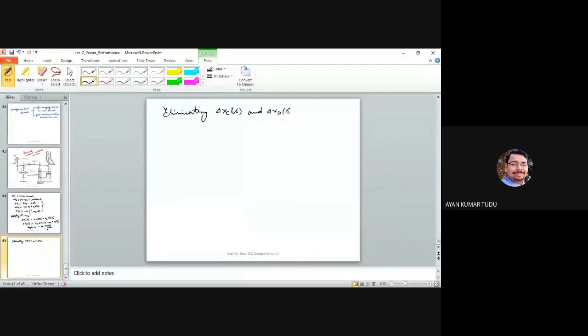Delta xcs is equal to k3 k2 delta pcs minus k3 k1 delta fs by k4 into 1 plus s by k5 k4.